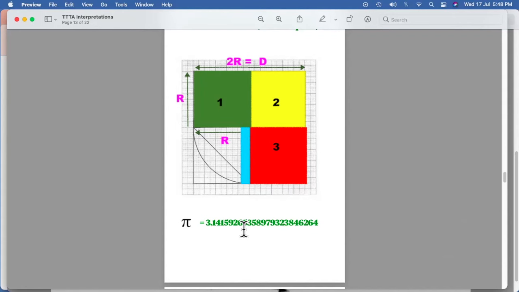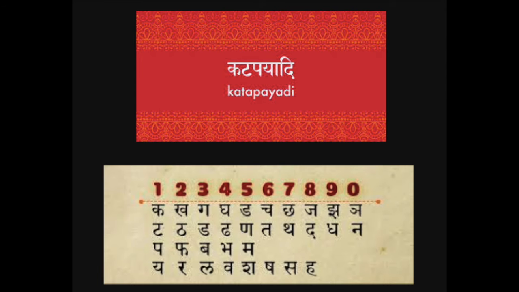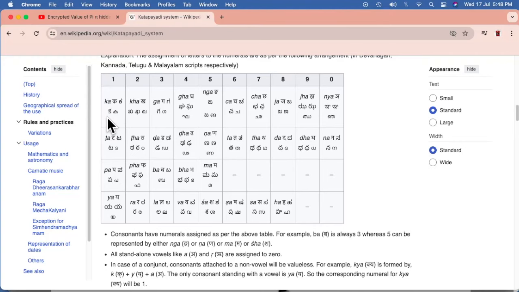Now the value of pi is 3.14159265. The most interesting thing is that pi has also been encoded as a value and given in various systems. There is a system in India called the Katapayadi system. In this system, the numbers 1, 2, 3, 4, 5, 6, 7, 8, 9 and 0 are given values as per the letters K, T, P, Ya.